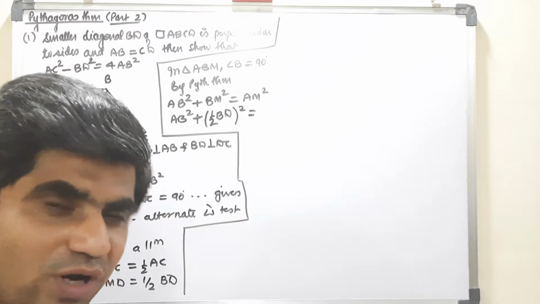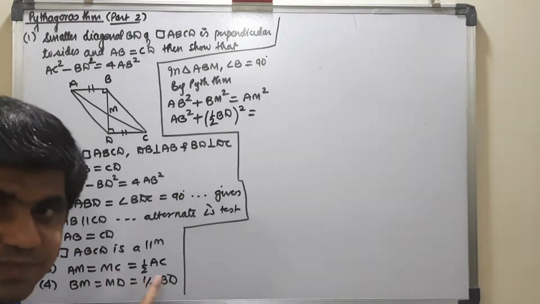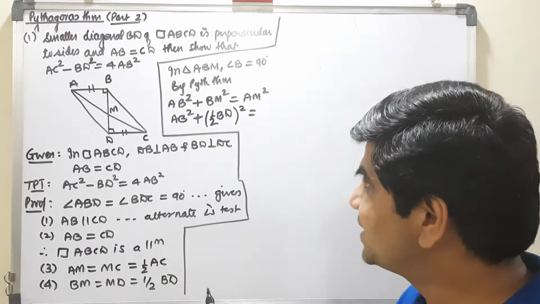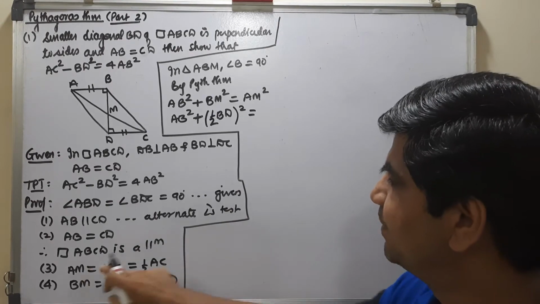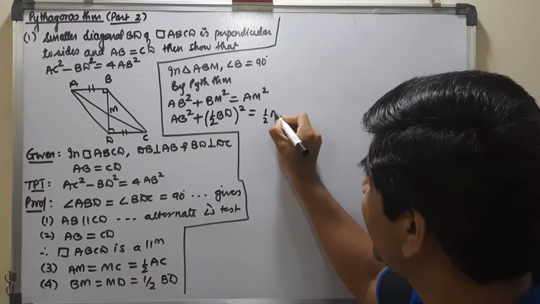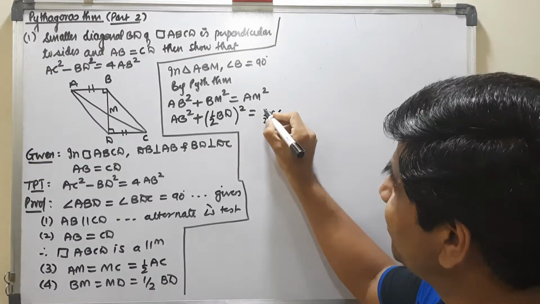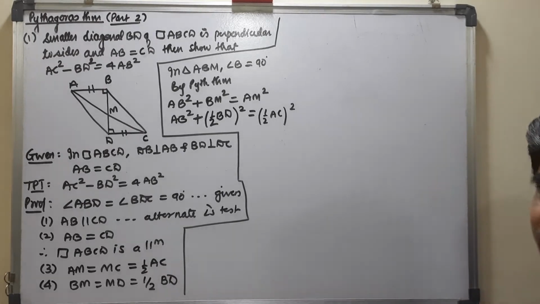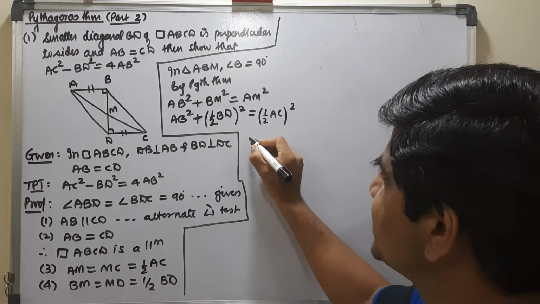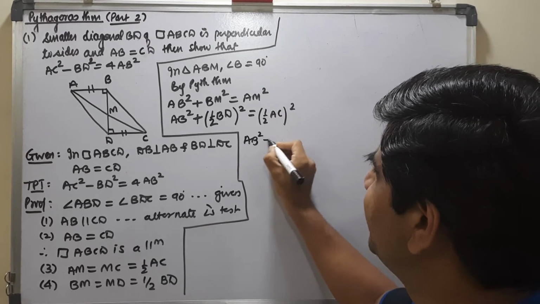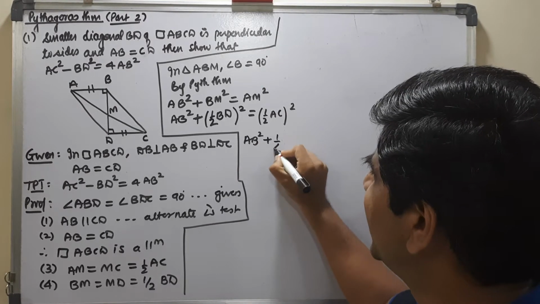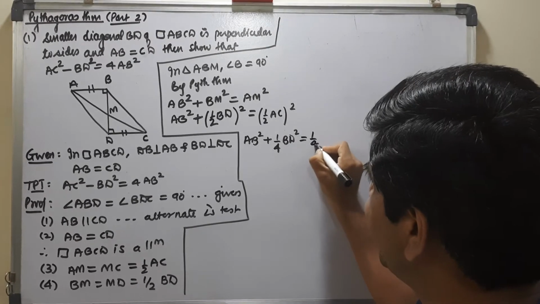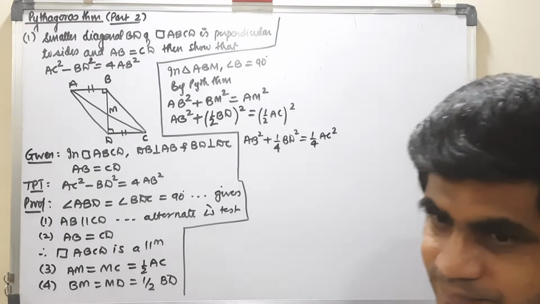Same story for AM: AM is equal to MC, which is not required, and MC is equal to half of AC. So I will replace AM by half of AC and make a whole square of it because it is AM square. As per our last session, this will become AB square plus 1 by 4 BD square is equal to 1 by 4 AC square.